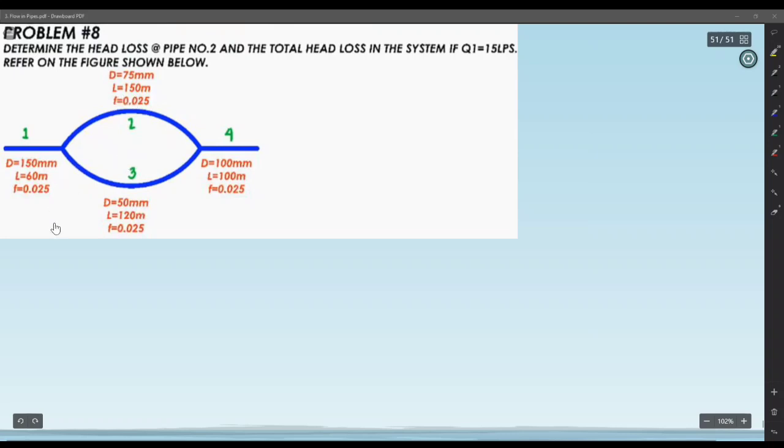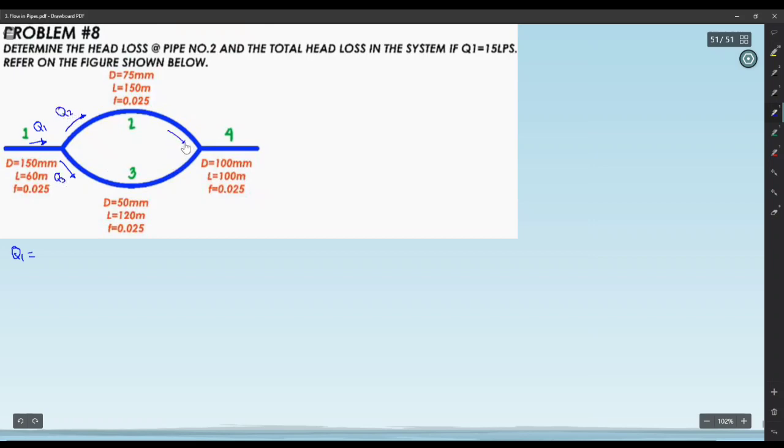So kung titignan ninyo mabuti, ano ba yung mga equations na pwede natin gawin? Yung flow rate mo in Q1, ito yung Q1 mo. Ang nangyayari dito sa junction, nahati yung flow rate into 2. So this is Q1, this is Q2, and this is Q3.